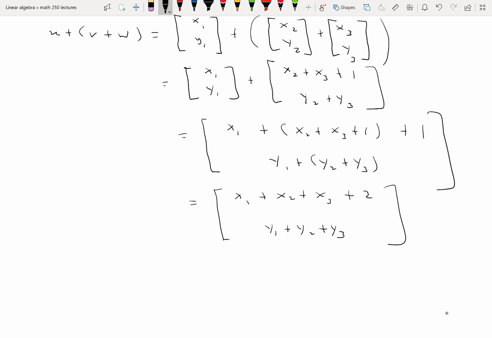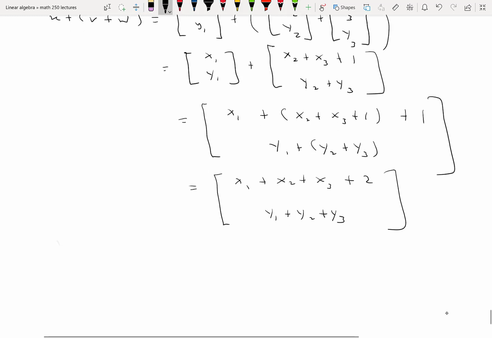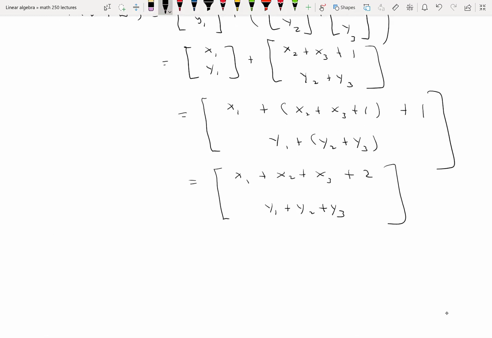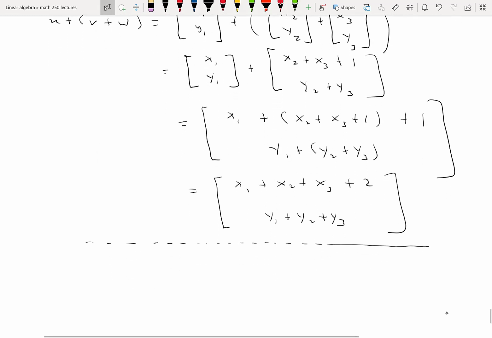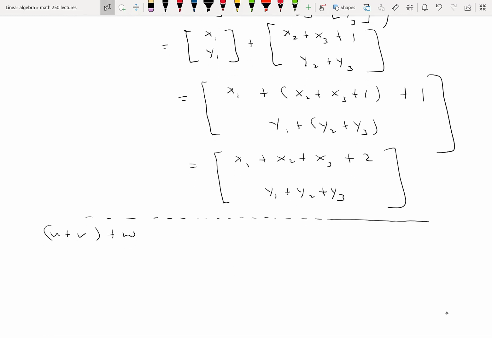Somehow I've got to get that equal to u plus v first and then plus w. So I'm going to do something that's very common. I'm going to stop that side and go to the other side. I'm going to take u plus v plus w and try to force it to equal what I have above the dotted line. Let's do it.